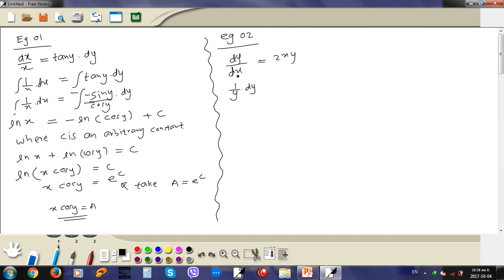I send y to that side, and 2x times dx. Then you can integrate 1 over y dy equals 2x dx.